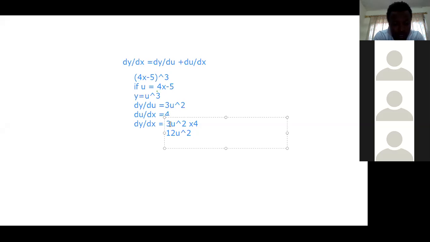But we know that u is equal to 4x minus 5.